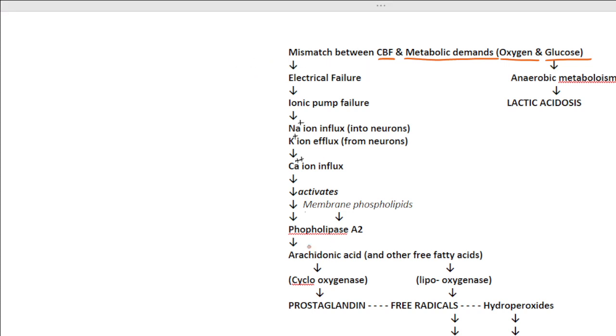If you see in this case, phospholipase A2 has come, and then it acts on arachidonic acid or even other free fatty acids to give two enzymes. You can see here cyclooxygenase and lipoxygenase. Cyclooxygenase in turn gives prostaglandin and obviously free radicals that will lead to neuronal damage.